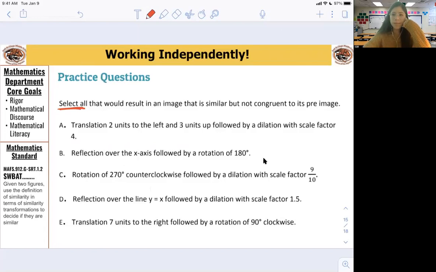All right, guys. 5 people have answered. I'm still waiting on 2 more. So if you have not answered, please do so in 10, 9, 8, 7, 6, 5, 4, 3, 2, 1.